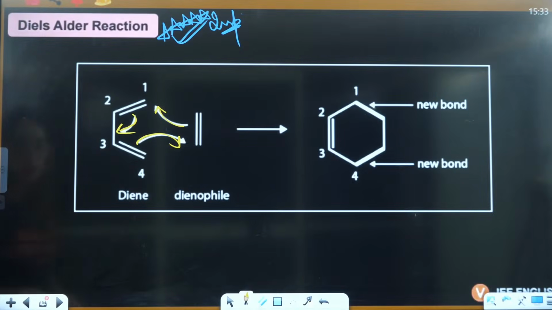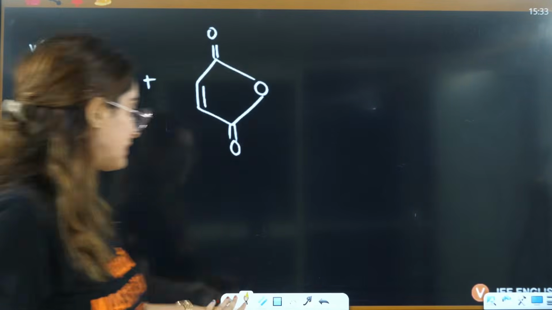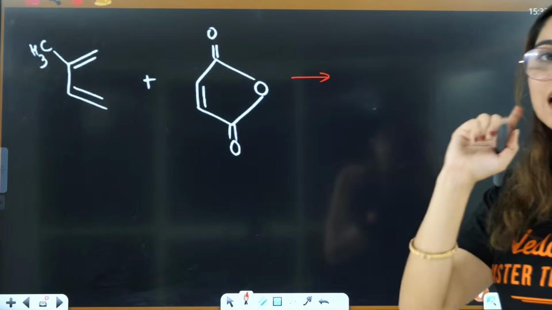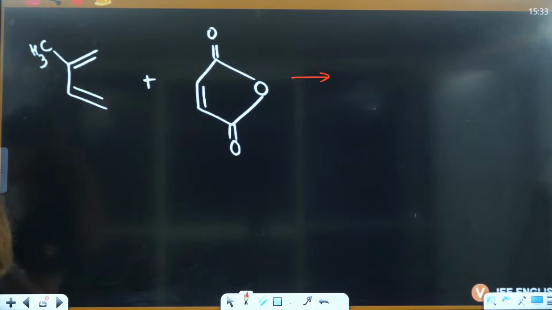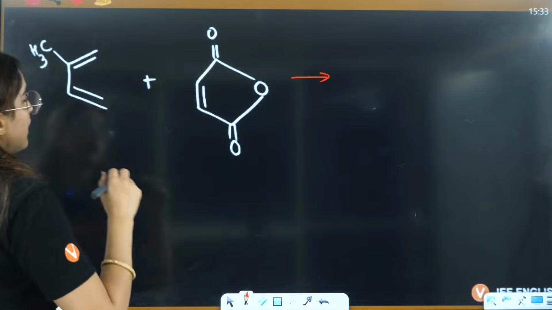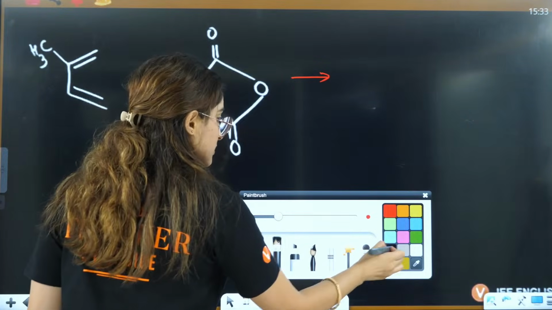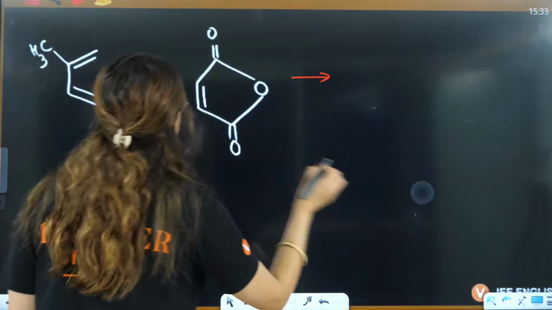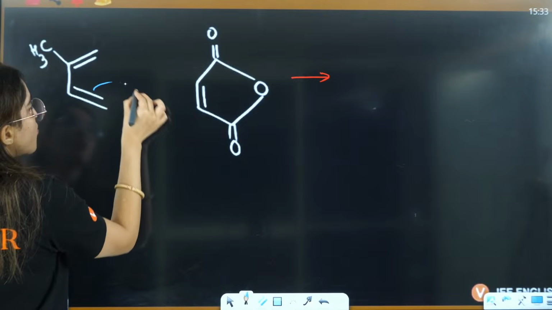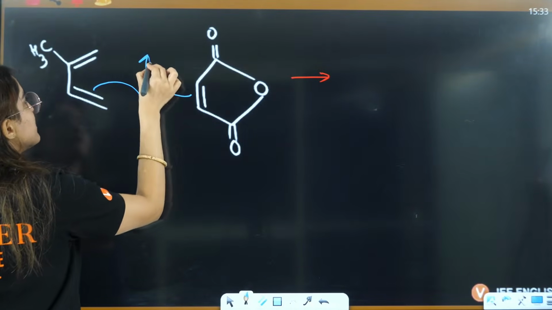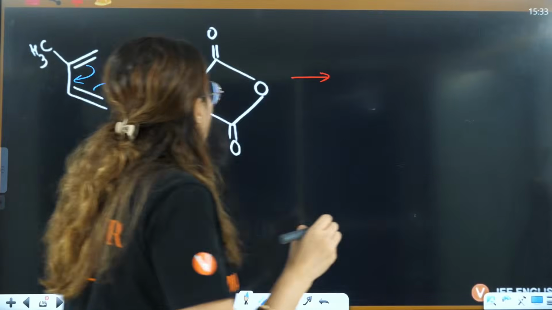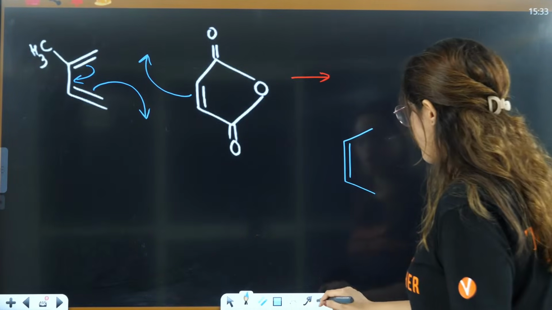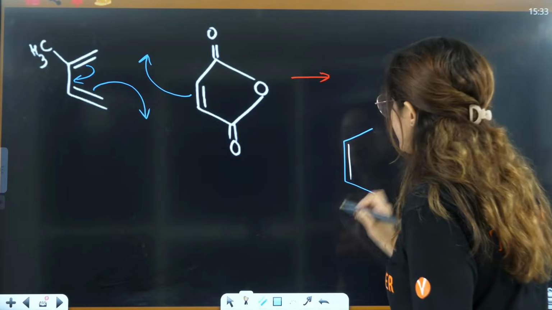I'll show you one of the questions of Diels-Alder reaction like this, okay? This is a very important question which is based on Diels-Alder reaction. Everybody see this, right? What I'll do, I'll just not add the plus sign here. See what will happen, this bond will shift here, this bond will shift here and this bond will shift here. And hence what you will have, this is 1, 2, 3, this is the double bond that you have formed here, the new double bond that you have formed, right?